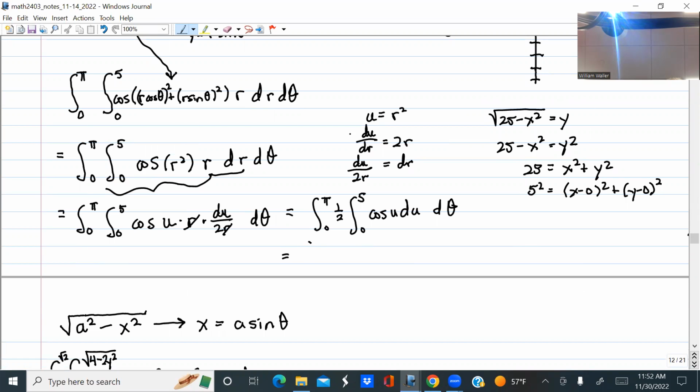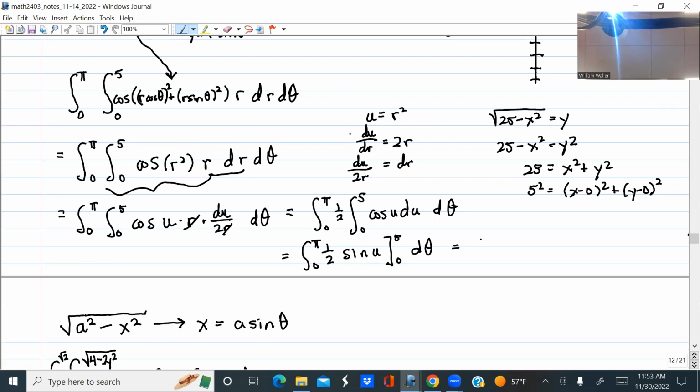So how does that integrate? Y'all just told me. That's sine of u, right? So that integrates as sine of u, and we have to evaluate that from 0 to 5. But before I evaluate it from 0 to 5, I need to switch back to r, correct? What was u?